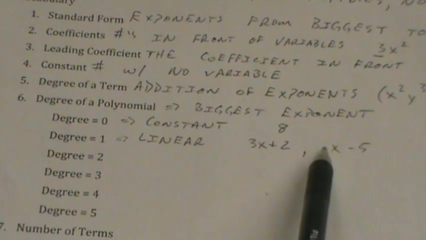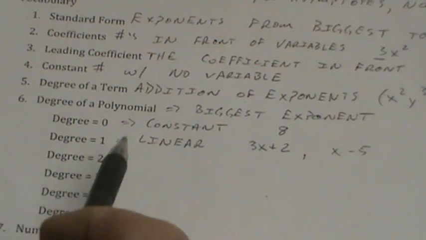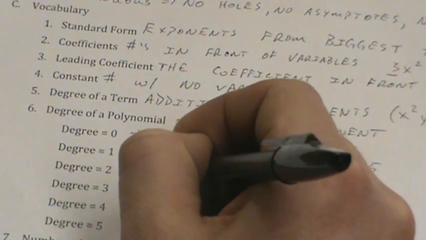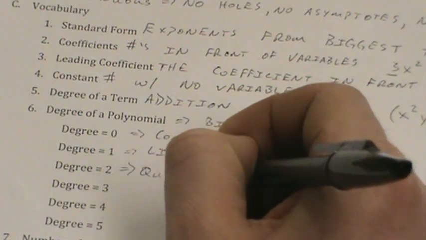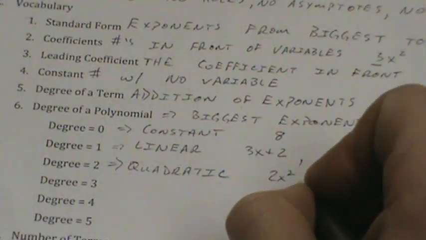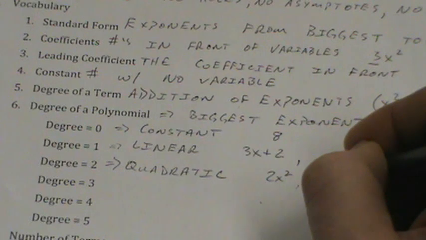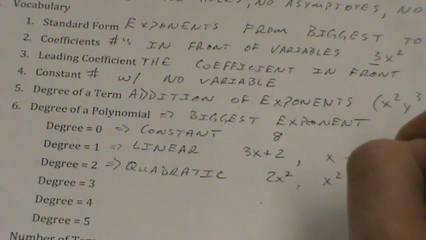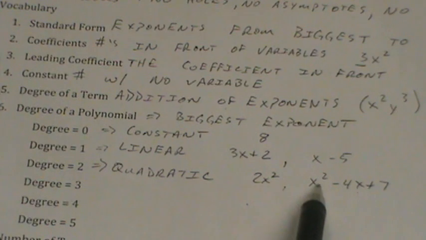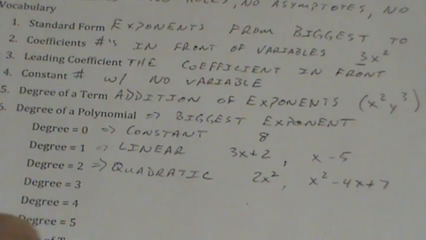If the degree is a 2, we're going to call that quadratic. Think about the things that you plug into the quadratic formula. For example, 2x squared, or x squared minus 4x plus 7. It's okay if it has an x in it, it just has to have the biggest exponent be a 2.